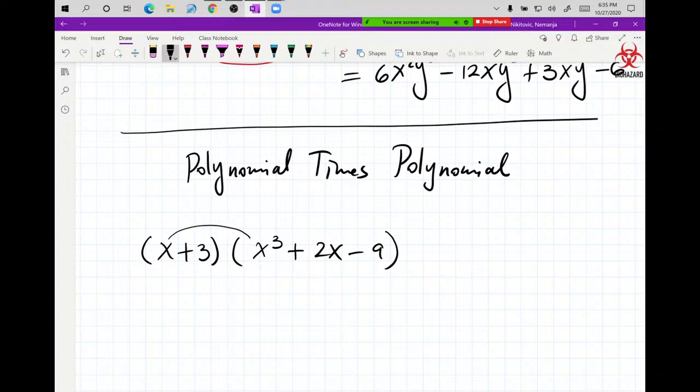Take x, distribute into each, and then take 3 and distribute into each. So clearly, the larger the polynomials, more calculations you have to do, but those are all the same calculations like before. You just have more of them because the polynomials are larger.